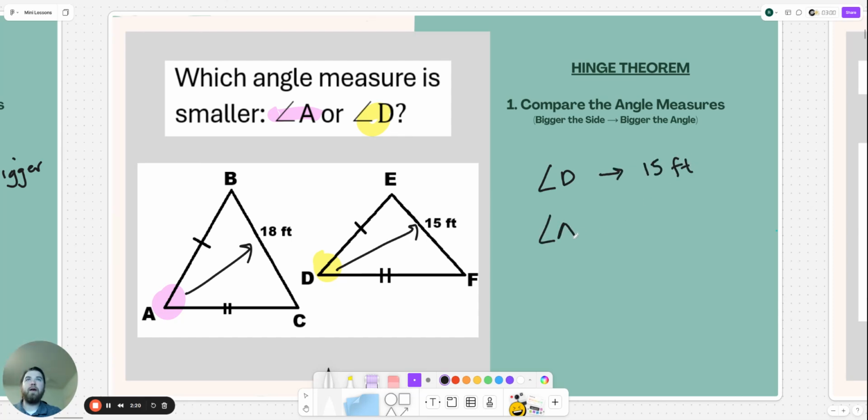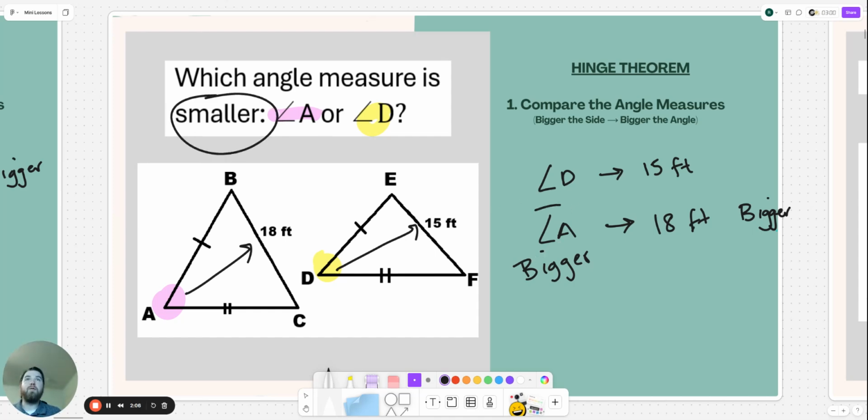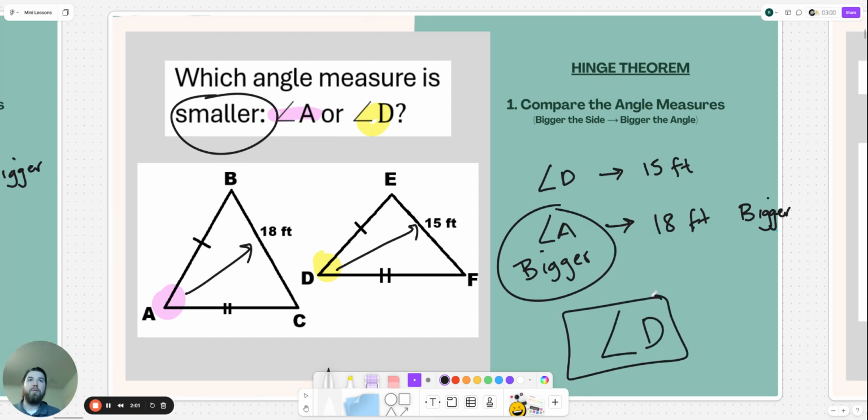And then the side that's across from angle A is going to be 18 feet. So this one here is bigger, which means angle A is going to be bigger. Again, make sure you're answering the question here. It says which angle is smaller. So if angle A is bigger, I would say that angle D would be my answer, because that one is going to end up being smaller than angle A.